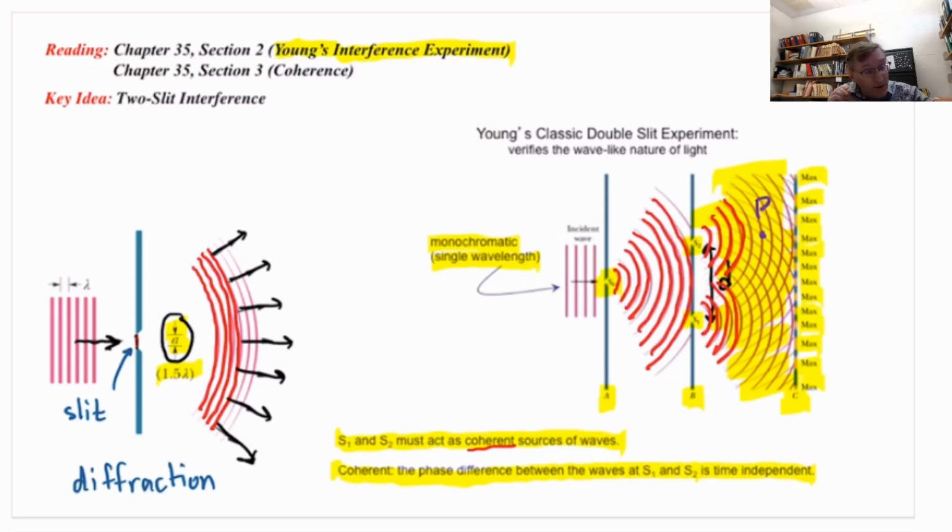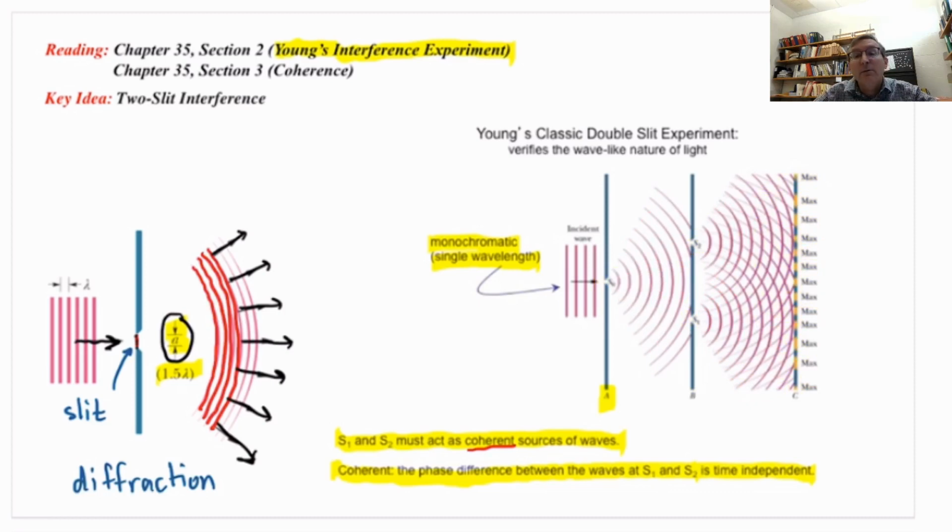In lab, you don't need to have those two screens, A and B. You just need B with the two slits in it, because you're using a source of light that's already said to be coherent. You are using a laser, and the light that comes from a laser is automatically coherent in the way it's produced. All right, so what we want to be able to do is to quantitatively predict where those bright and dark fringes are going to be in this interference pattern.